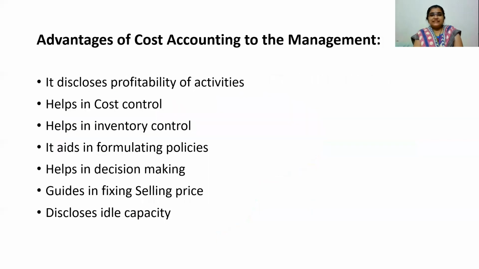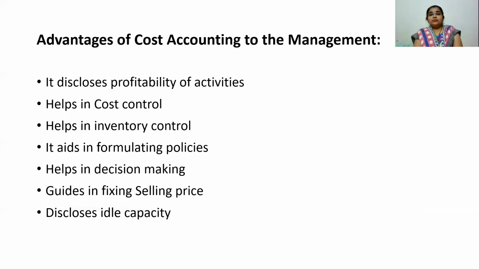On the basis of these three parameters, we need to understand what exactly the advantages are to the management. In that respect, it will disclose the profitability of all the activities to the management, which need to be followed and which not to be. Then it helps to control the cost and maintain inventory control in the organization, and it aids in formulating the policies in the organization.